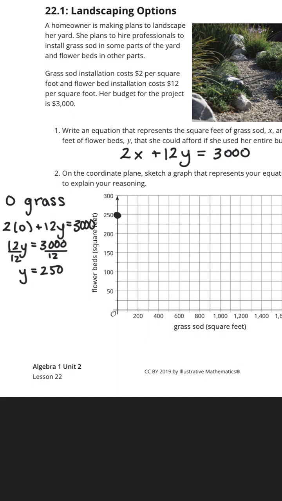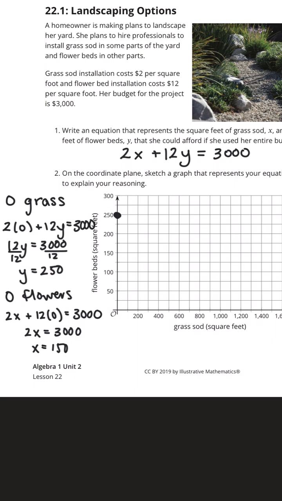So now if we think about it the opposite way, what if there are no flowers and it is all grass in her yard? So that would be 2x plus 12 times 0, because now there are no flowers here, equals 3,000. 12 times 0 is just 0. So I get 2x equals 3,000, which means x equals 1,500.